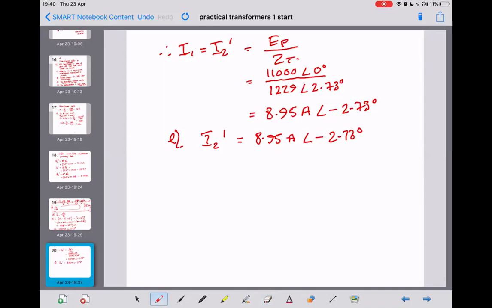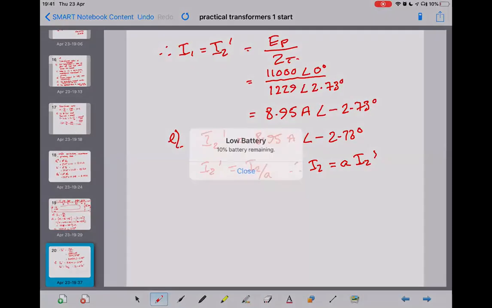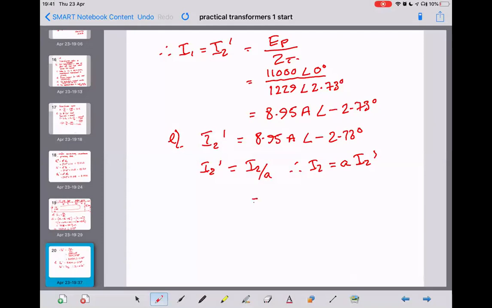If we knew I2 in the secondary, it is transferred to the primary as I2 over A. Therefore, I2 is equal to A times I2 dash, which equals 27.5 times 8.95 amps angle minus 2.73 degrees. The angle will stay the same anyway.